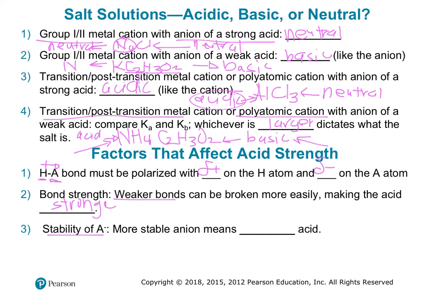Also, if our conjugate base, A-, happens to be a pretty stable anion, then that's going to be a stronger acid. So when we're dealing with things like chloride or bromide, these are group 7, they're halides, and now they have 8 valence electrons.